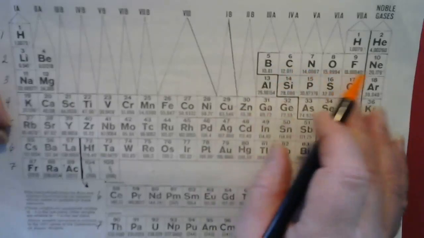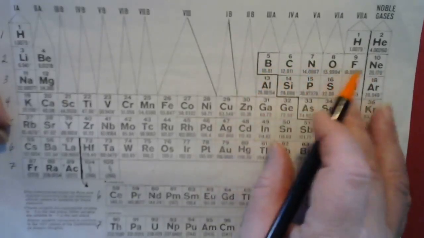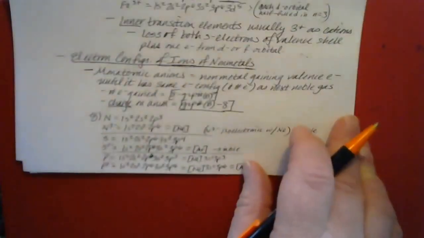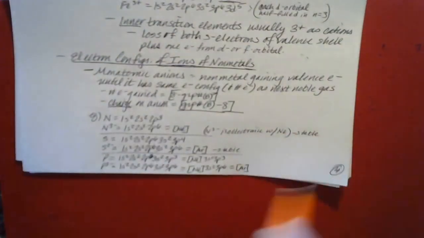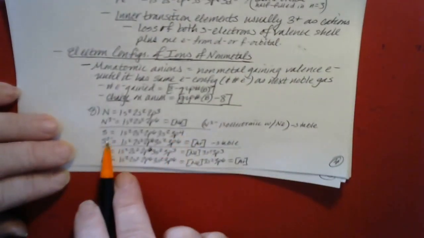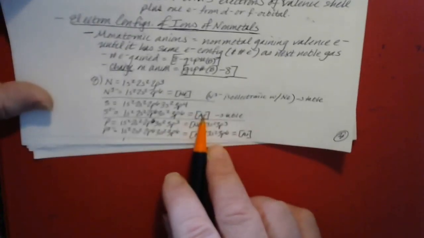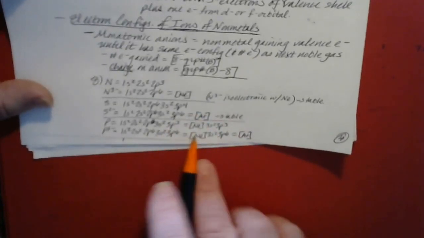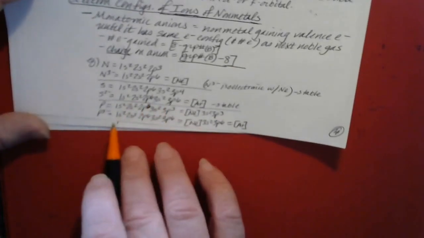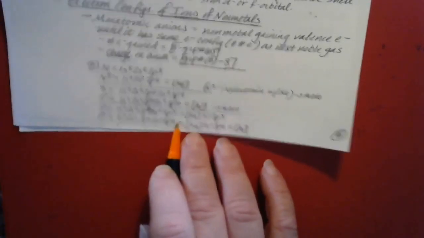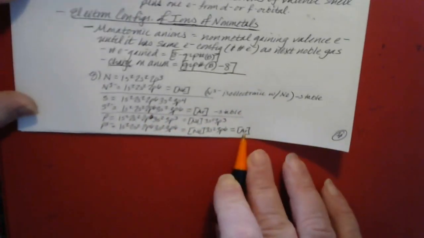So it will be 1s2, 2s2, 2p6, 1, 2, 3, 4, 5, 6, just like neon. And that's what makes it so stable. Sulfur will gain 2 electrons, in which case it will have the same configuration as argon. And phosphorus, as I just said, will gain 3 electrons, so that it has the same configuration as argon.